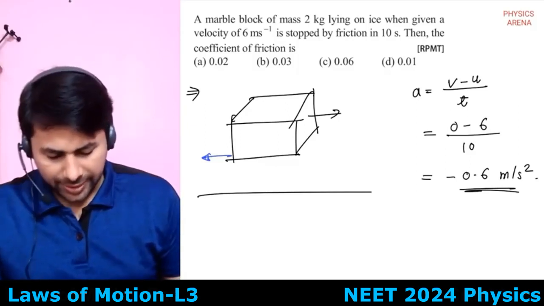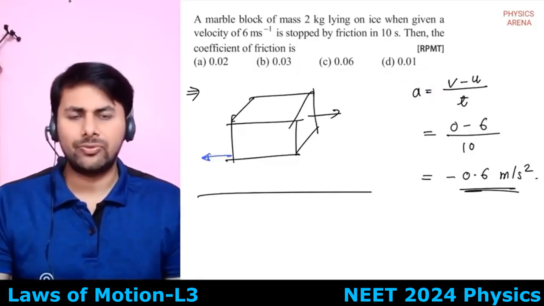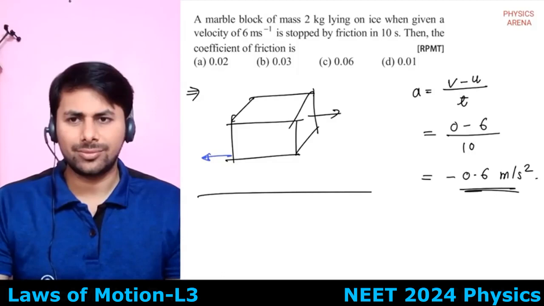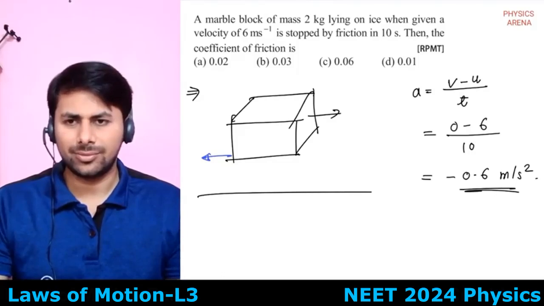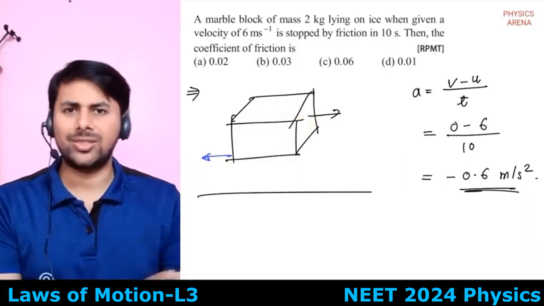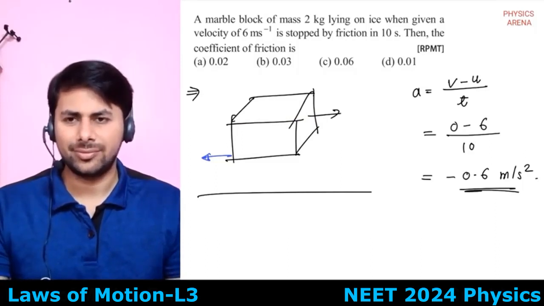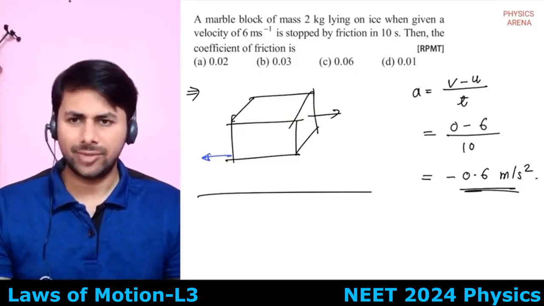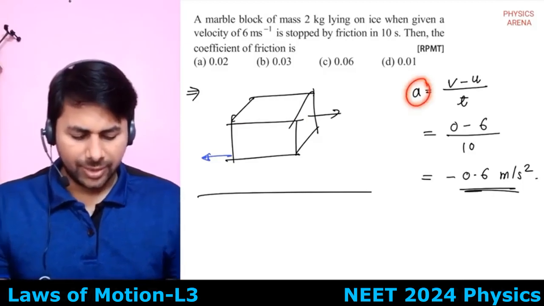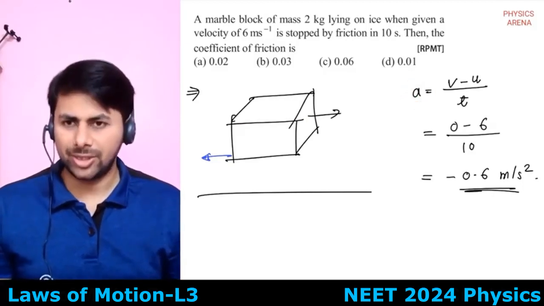So this negative acceleration is because of which force? Suppose there is a body moving on a surface. It stops because of what? Frictional force. So this negative acceleration is because of frictional force.